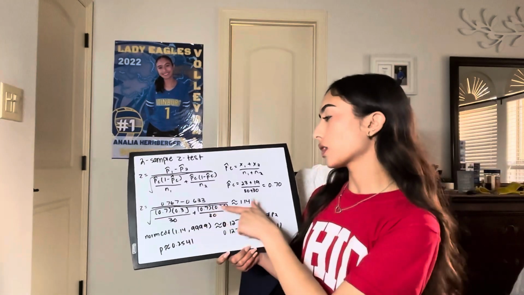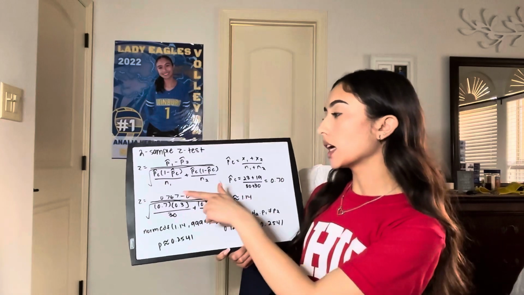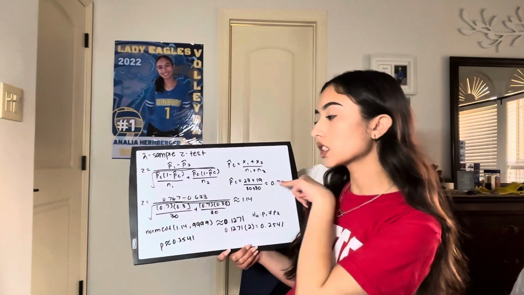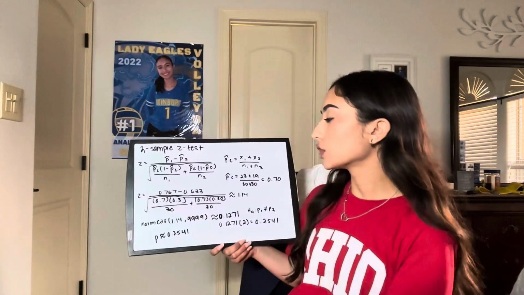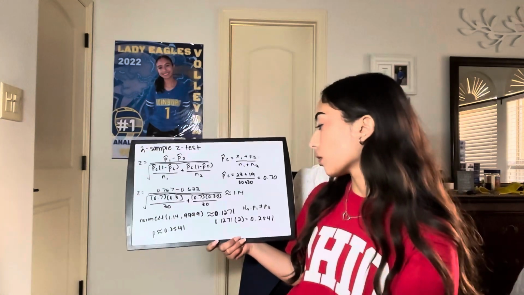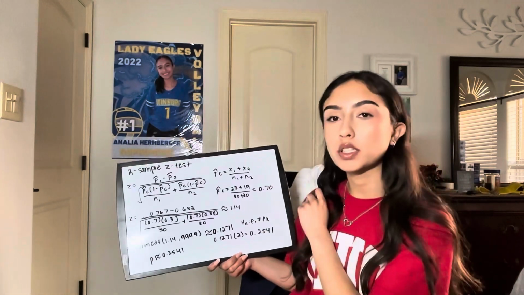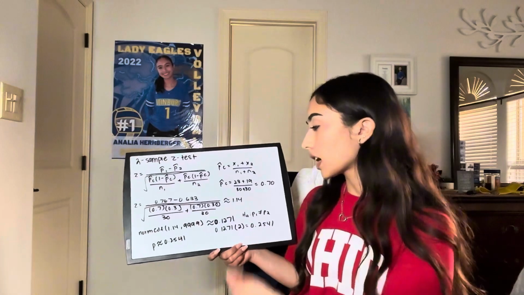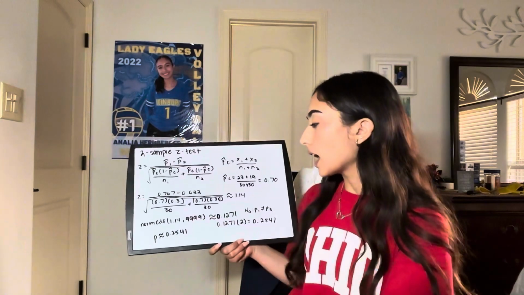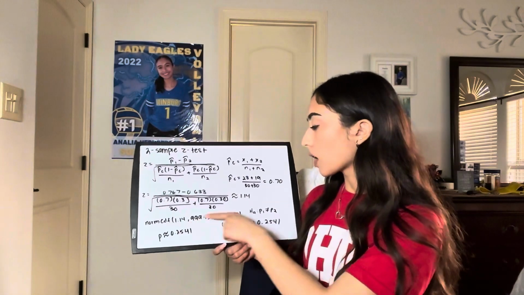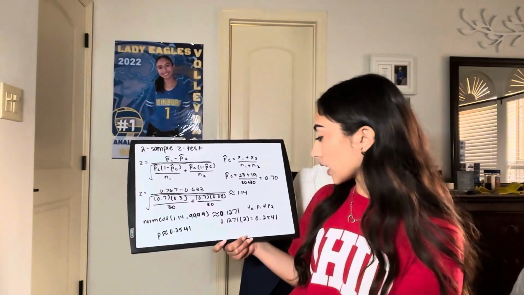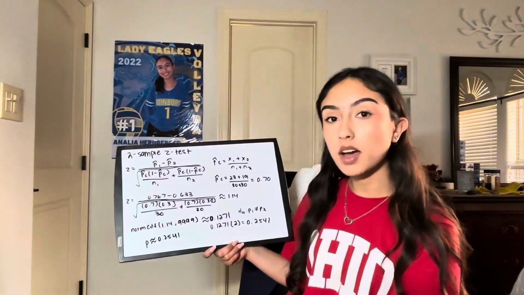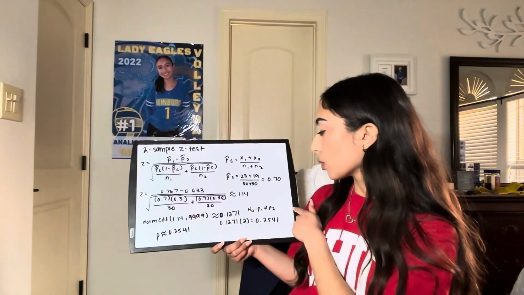Then I inputted N1 and N2, which was 30, and then P1 minus P2 was these numbers, 0.767 and 0.633. All of that came out to 1.14. Then I put that into the calculator, normalcdf, and I put 1.14 comma infinity, so that I can get the p-value, and it came out to 0.171.